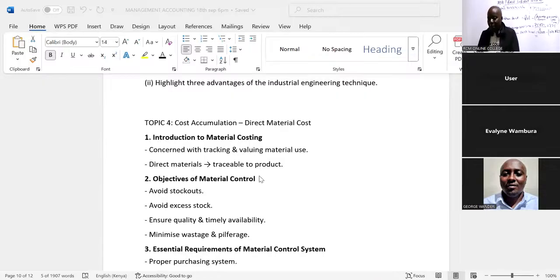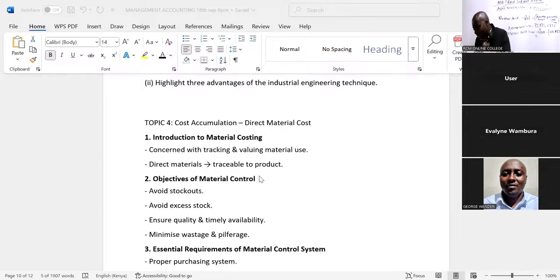That's why direct materials are also known as variable expense, because they relate to the number of units that you produce. The more units you produce, the more the material cost.